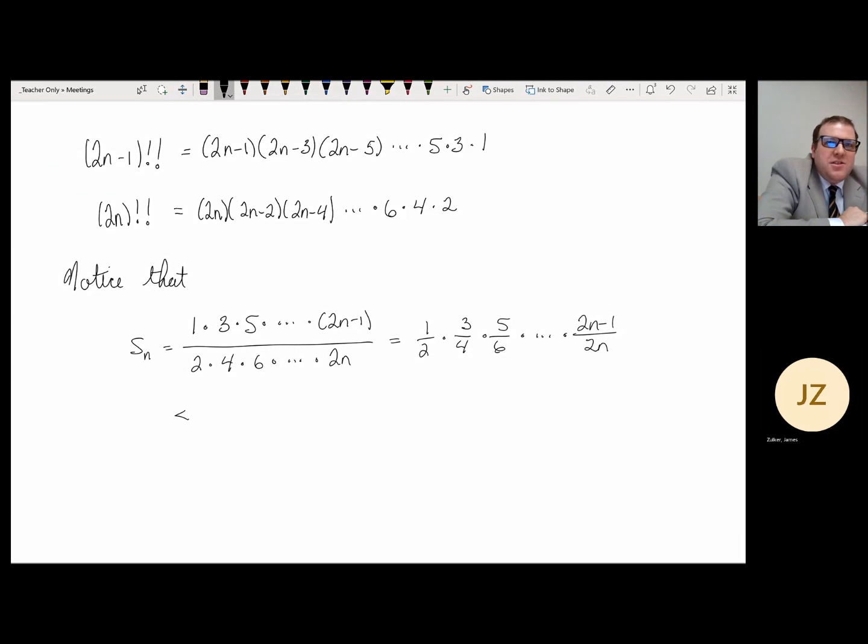Well, 1/2 is less than 1. 3/4 is less than 1. 5/6 is less than 1. Specifically, everything is less than 1. So you're taking a bunch of numbers less than 1 and multiplying them together. The result is a value less than 1.